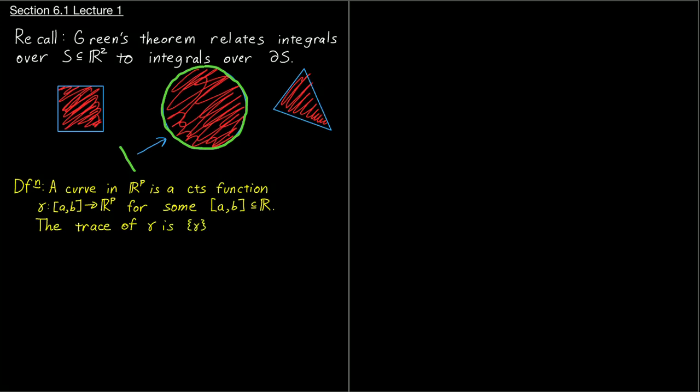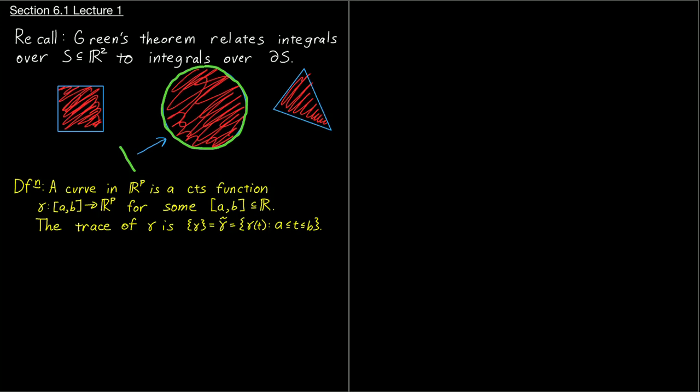Your book writes it as the set containing gamma, which I don't like as notation. In complex analysis, which I'm also teaching this semester, it's written gamma twiddle. That's just the set of all gamma of t such that t is in the domain. So the trace of gamma is just the image of gamma, and it is a set of points.